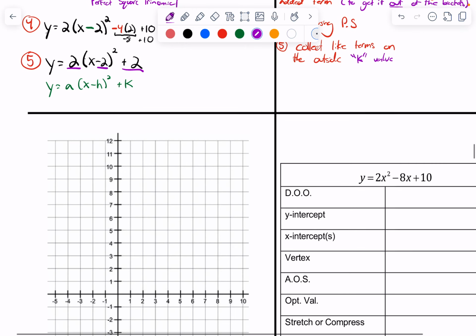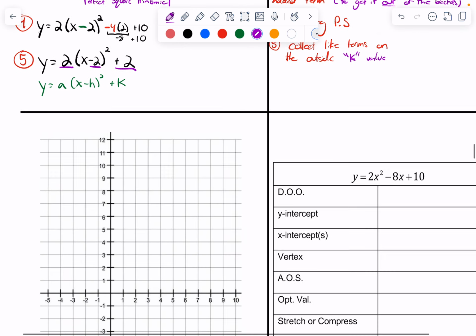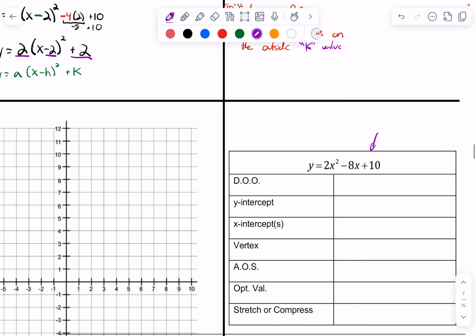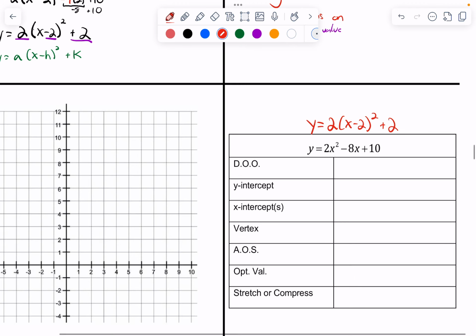So we are going to take our vertex form right here. Given it in standard form, we know now this equation right here is the same thing as y equals 2 times x minus 2 squared plus 2. So let's answer these questions based off this equation right here.